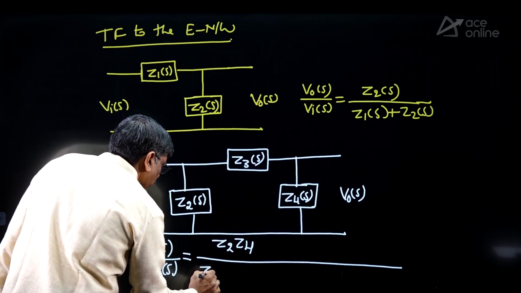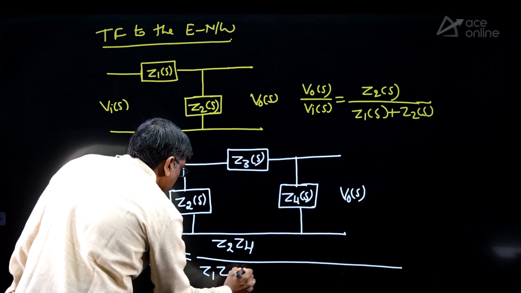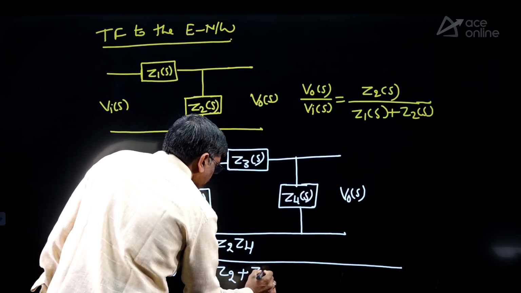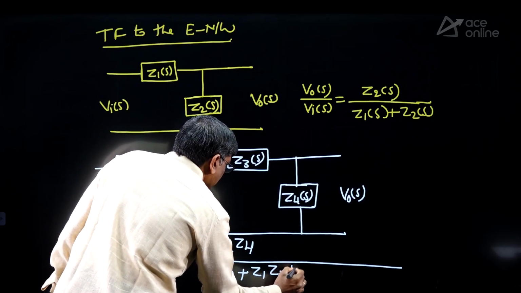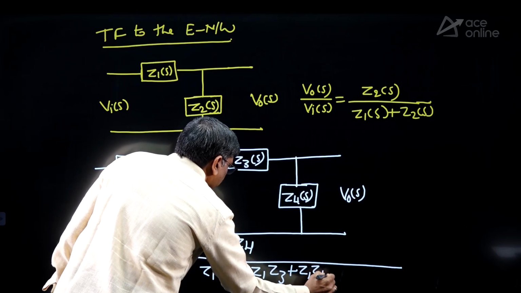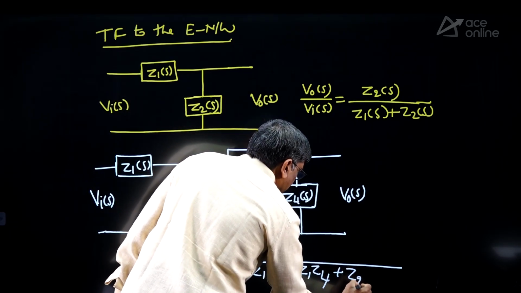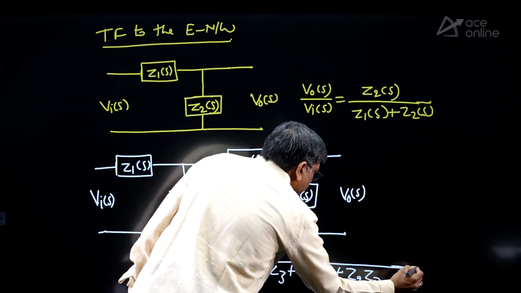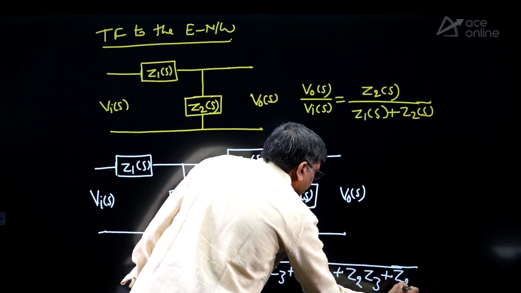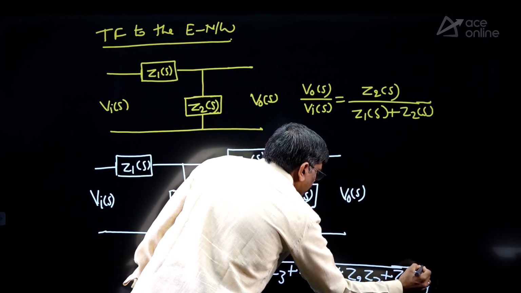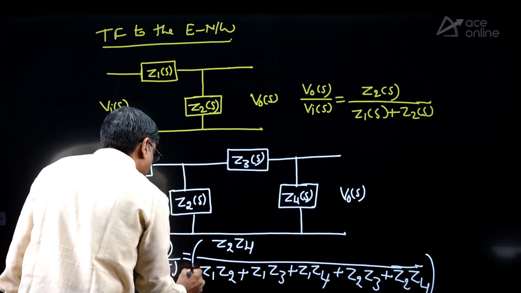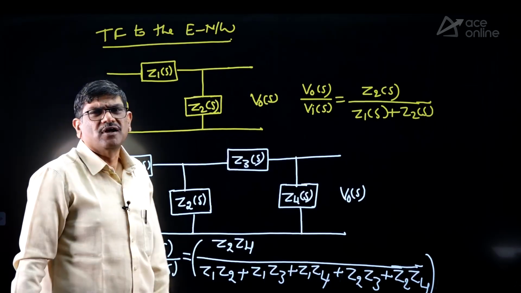Z1 with Z2 plus Z1 with Z3 plus Z1 with Z4. So now Z1 is completed. Take Z2. Z2 with Z3, Z2 with Z4.